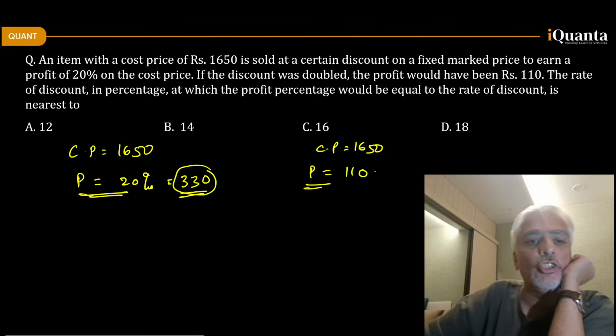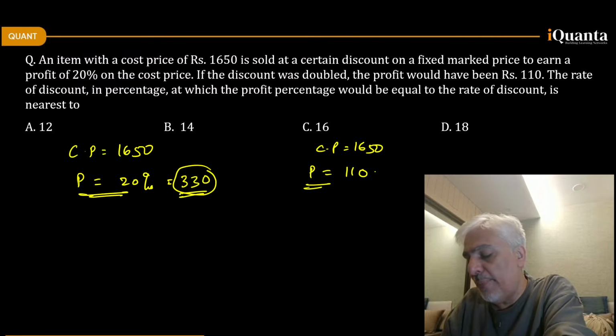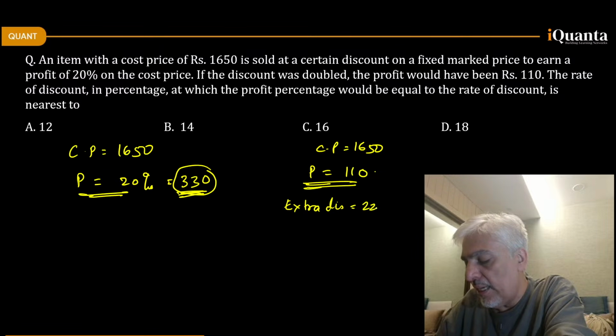Chalo, others pay attention. Now I'm starting. Now, in case 1, my profit was 330. Case 2 profit is only 110, which means the extra discount given is 220.